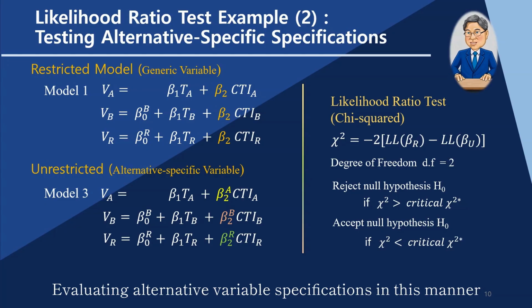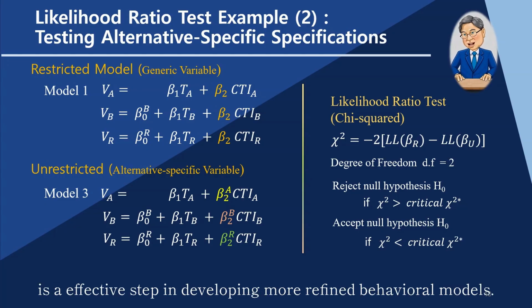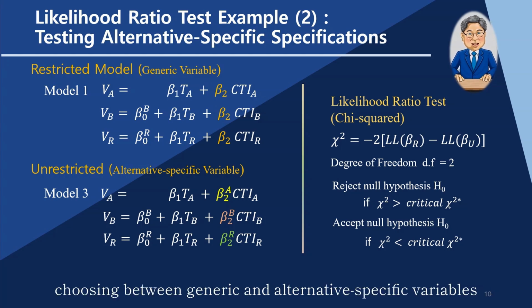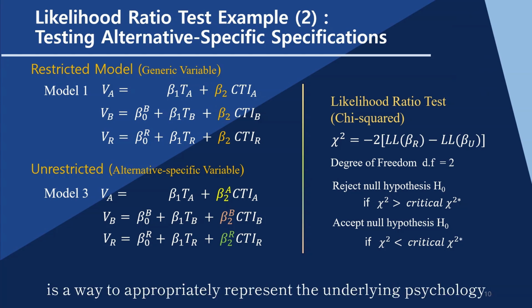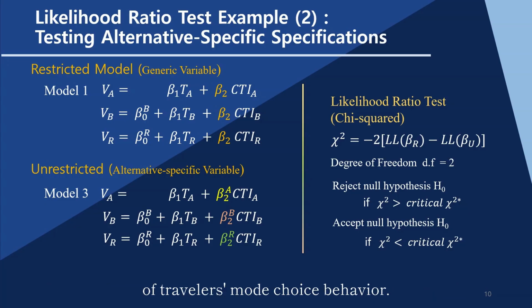Evaluating alternative variable specifications in this manner is an effective step in developing more refined behavioral models. In particular, choosing between generic and alternative specific variables is a way to appropriately represent the underlying psychology of travelers' mode choice behavior.